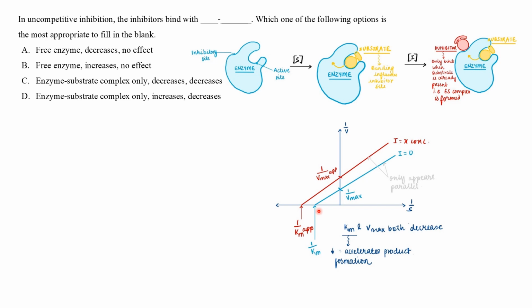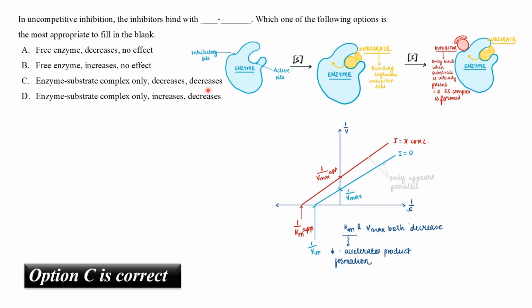On addition of the inhibitor, the 1 by Km value decreases. So, the value of Km also decreases. So, the correct answer here is option C. It binds to the enzyme substrate complex only. The Km and Vmax values both decrease. So, the correct answer is option C.